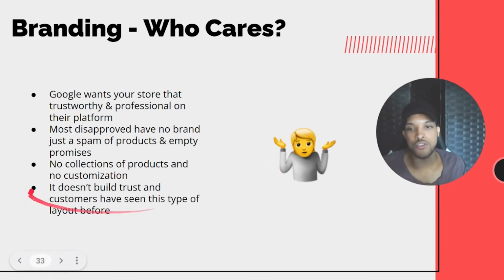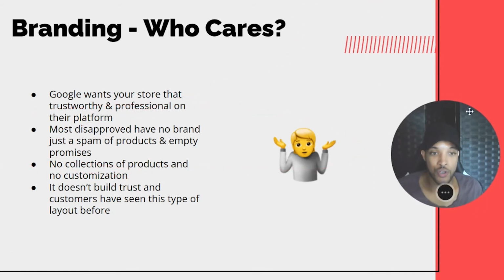And these are all bad. They have no collections of products, no customization. It's just a templated store. If this is you, you know who you are. It doesn't build any trust. You're not going to get sales. So Google's kind of helping you, because if you can't sell on Google Merchant Center, you probably wouldn't get sales in the first place. So you want to make sure you have a brand.